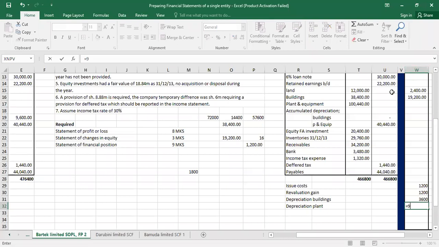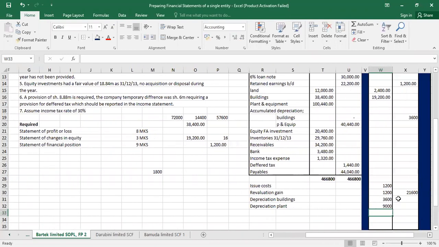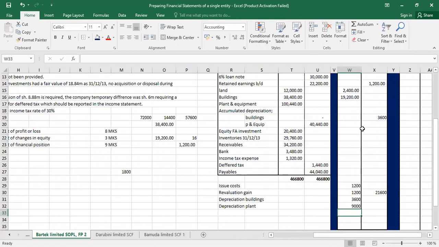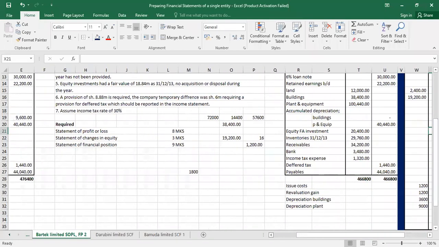So I'll open my brackets, the cost minus accumulated depreciation of plant and equipment. I close the bracket. I multiply by 15%, isn't it? Because it's 15%, to get 9,000. I'll credit accumulated depreciation with the 9,000. Then the note is finished.